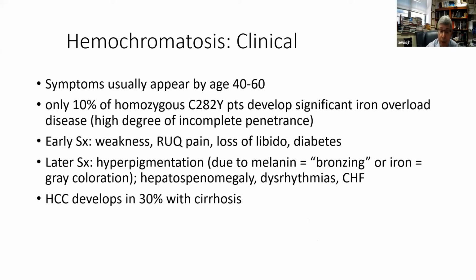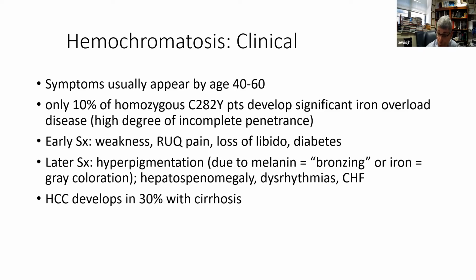Symptoms usually appear in middle age, but only 10% of homozygous C282Y patients actually develop significant liver disease. So there's a very high degree of incomplete penetrance. So even if they're homozygous, doesn't mean they're going to be sick, and it doesn't mean we're going to have to treat them. But HCC is something that we're seeing more and more of in hemochromatosis.